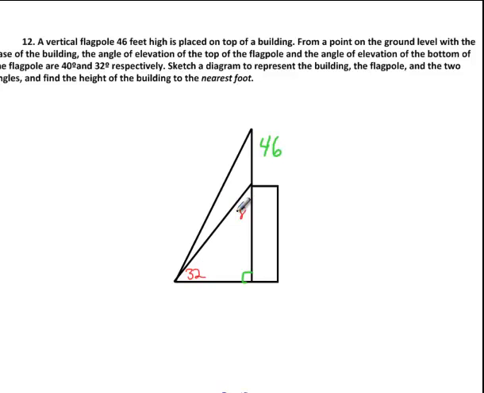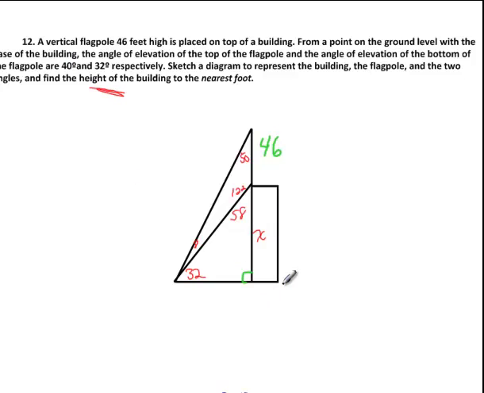So this is going to be 58 degrees. This is going to be 122 because this has to add up to 180. And now this triangle up top here has to add up to 180, so that's 130, so this is 50. Alright, so now I don't even know what they asked me to find. Find the height of the building. So I want to find x here.